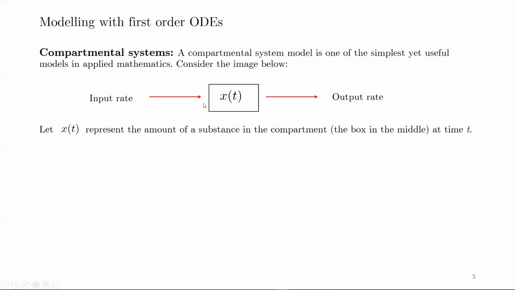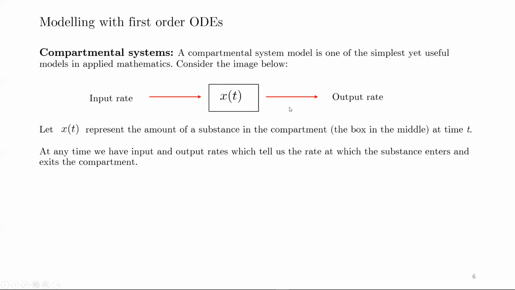So there's some input rate of pollutant into the river, and there is some output rate of pollutant, as either the pollution gets processed by plankton and algae, or it just gets swept out to sea. So there's some flow into the river of pollutant, some flow out of the river, and x of t represents the amount of that pollutant in this particular river.